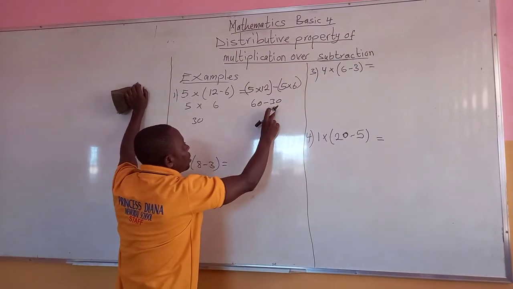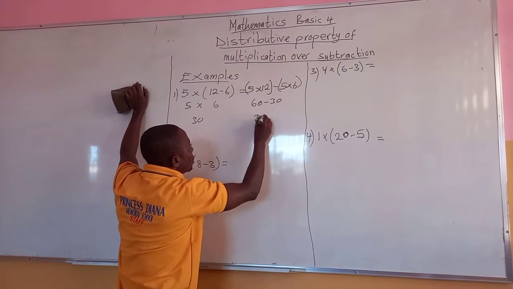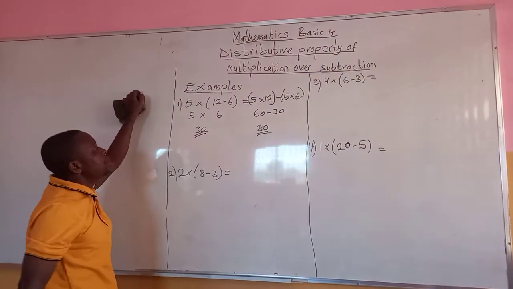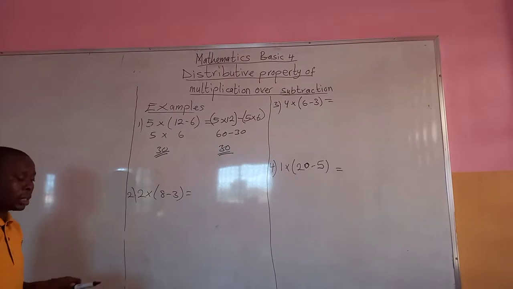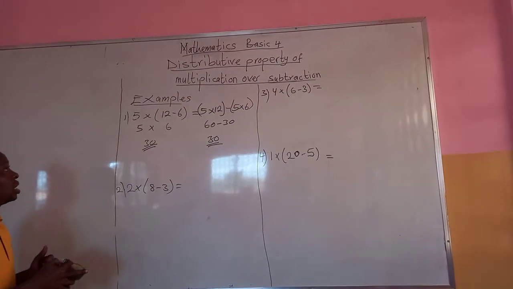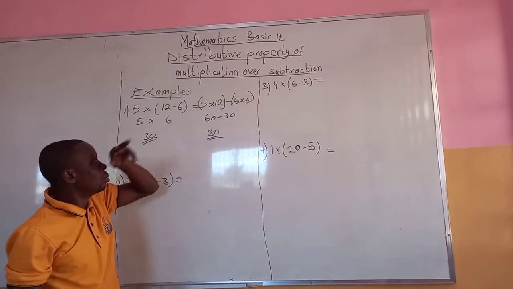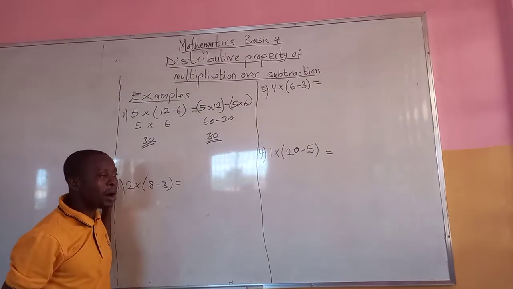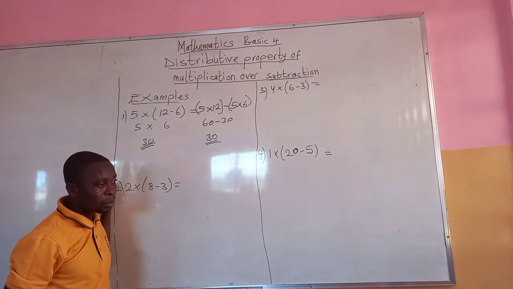Then 60 minus 30 will give us 30. So we can see that the operation is correct. So this shows that multiplication is distributive over subtraction.